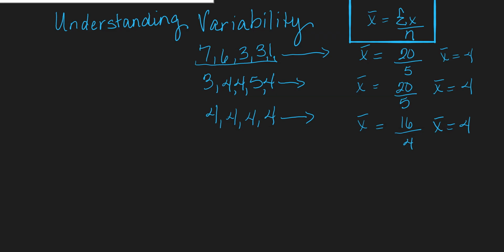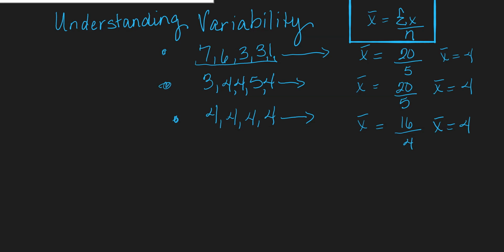So for each, we have 20 divided by 5, meaning our mean is 4. And the mean is 4 for both of the first and second set of scores. Interestingly, the mean is also 4 in our third set of scores.